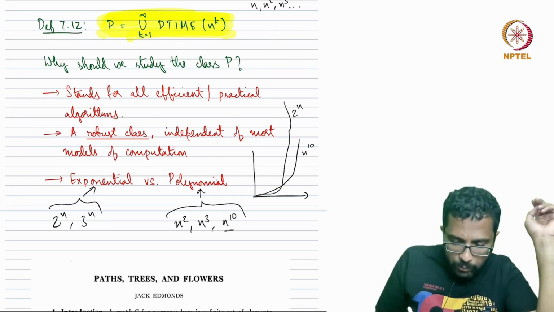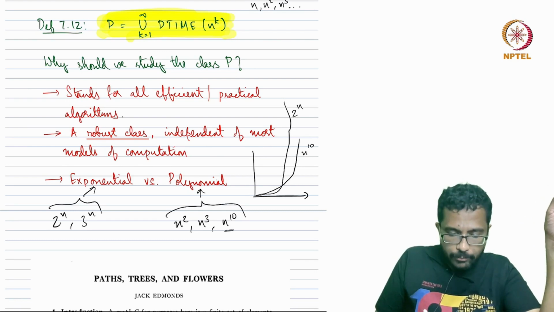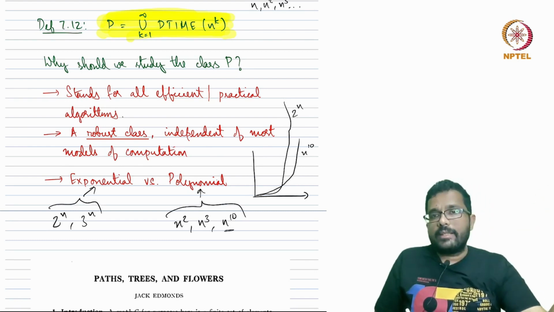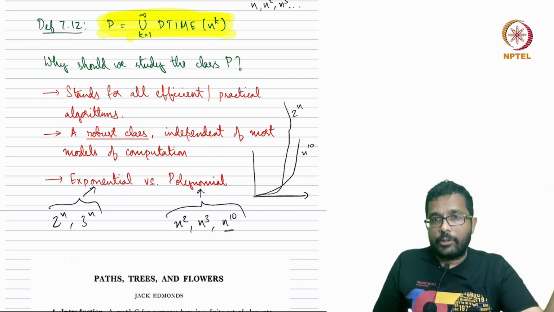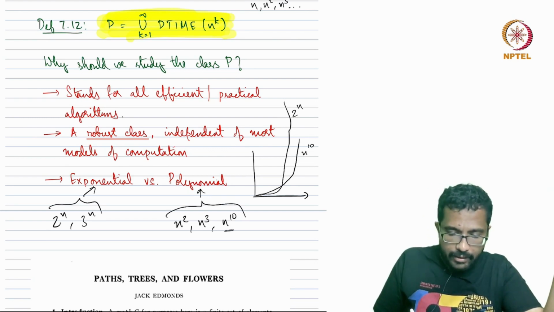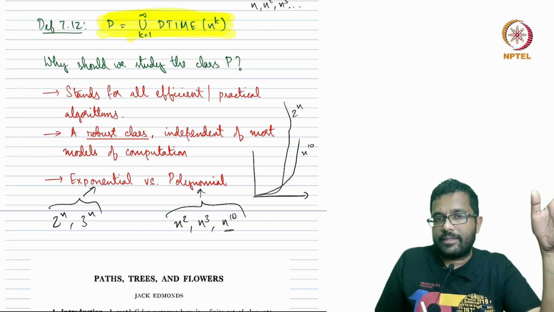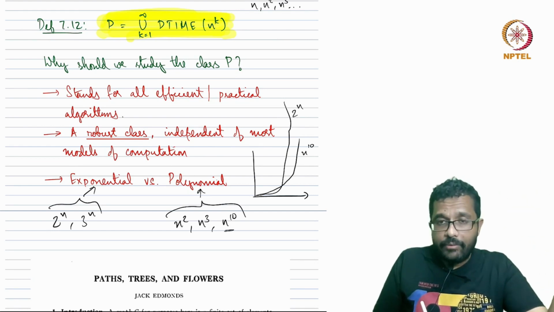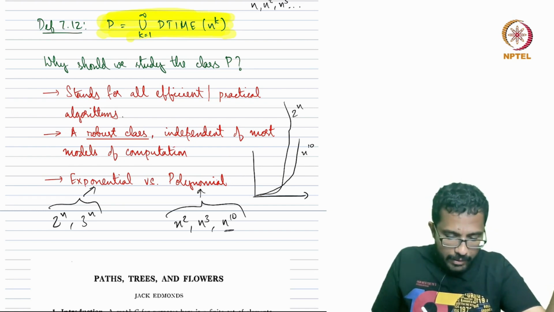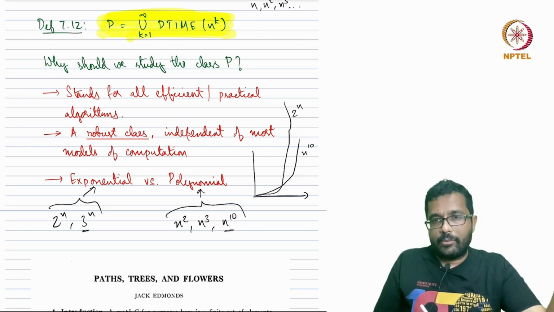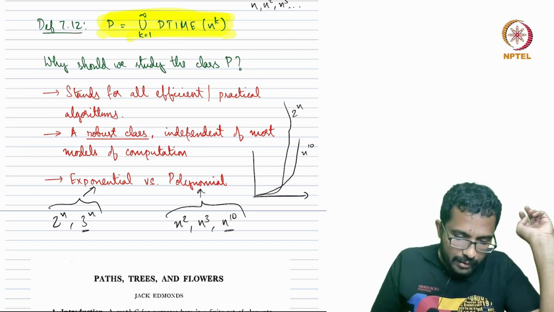It doesn't matter what the base of the exponent is, and what the exponent is in the case of the polynomial. Whenever we have something like 2 power n versus n power 10, the 2 power n will grow faster. Whenever we have 3 power n with n power 10, 3 power n will grow faster, right? Assuming that the base of the exponent is greater than 1.